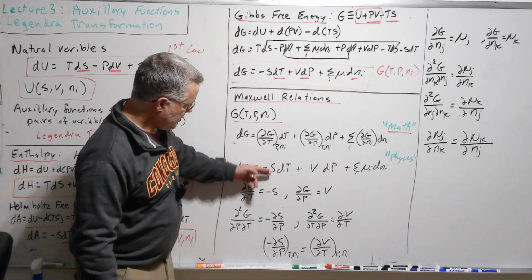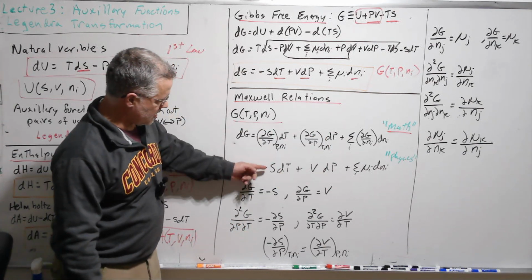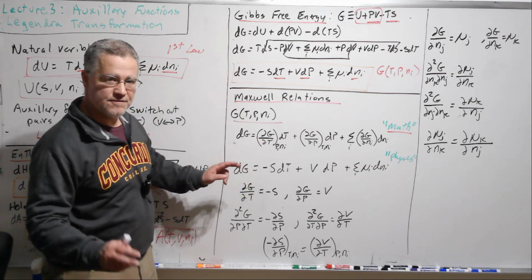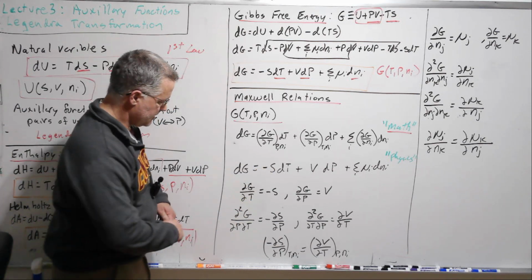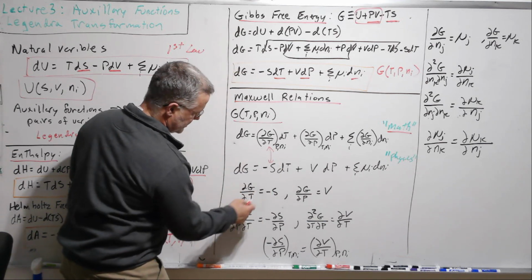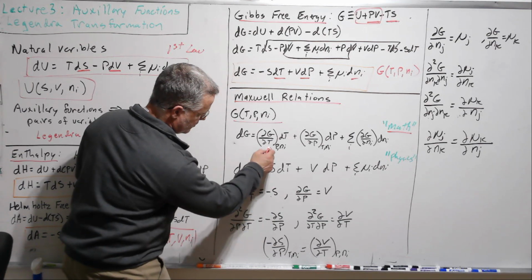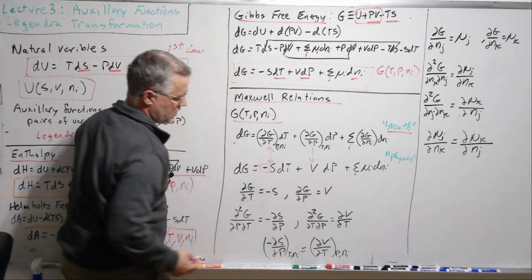So you can identify each of the independent variables in the math differential form equation and the physics auxiliary equation, and we can get an equation that relates the partial derivative to another thermodynamic variable. So there's the S, there's the minus S, there's a minus sign here, and then there's the V here.